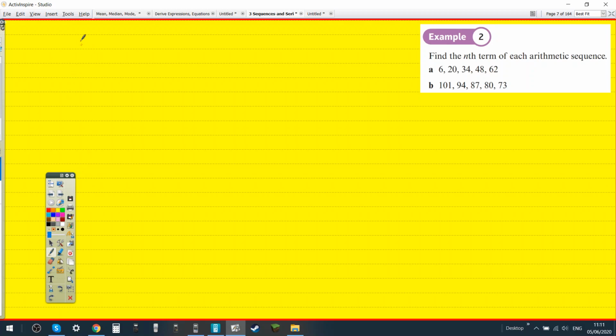I need to write that a different way, don't I? You don't have to, but let's say un is equal to 6 plus n minus 1, and the common difference is 14.